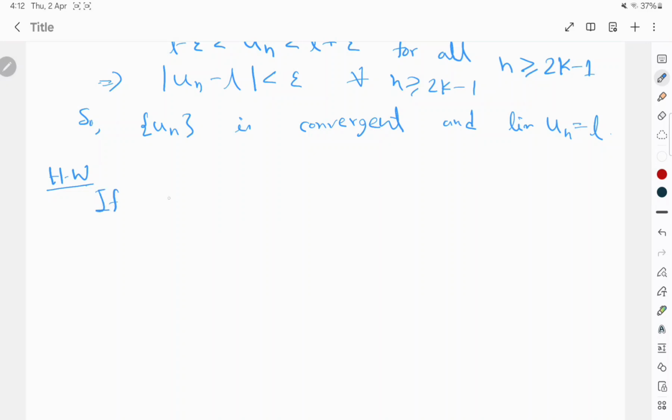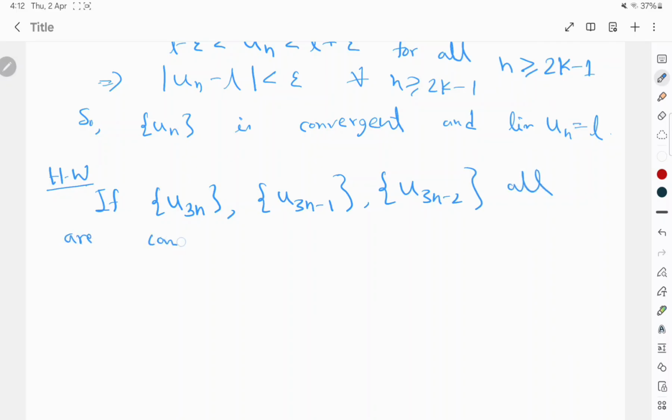If x3n, x3n minus 1 and x3n minus 2 are all convergent to L, then prove that the limit of xn is L. Okay, this is your homework 1.